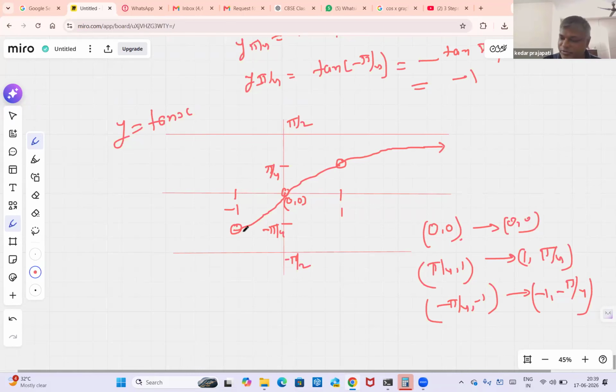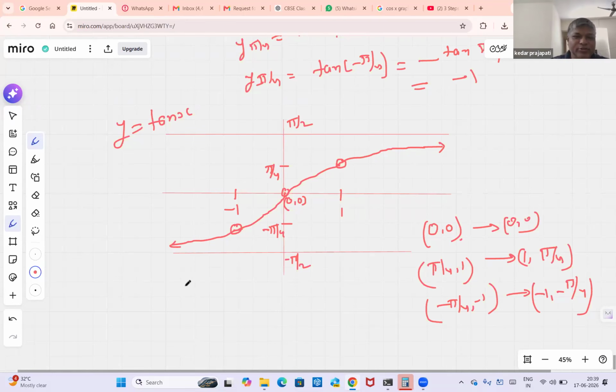Again this will come down and meet with this axis at infinity. So these two are asymptotic lines. As I said, see here, this guy, your Iron Man, is going something like that. Got it?